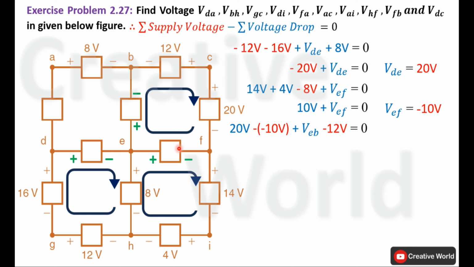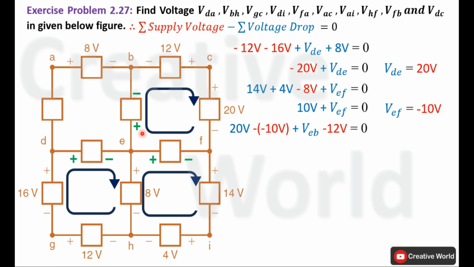Move to next element. Now this element has negative sign here and positive sign here. So current entering terminal is negative, so voltage across this element will be taken with minus sign. Here one minus is taken due to this polarity and the other minus is included in its value, that is minus 10 volt.